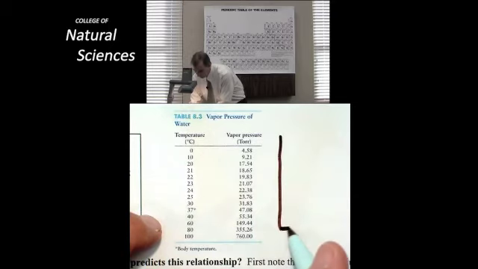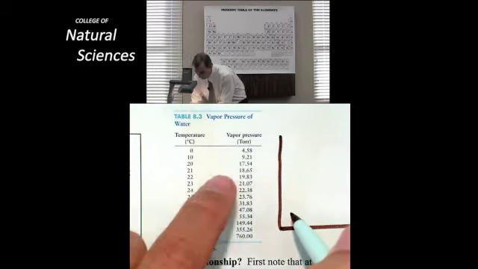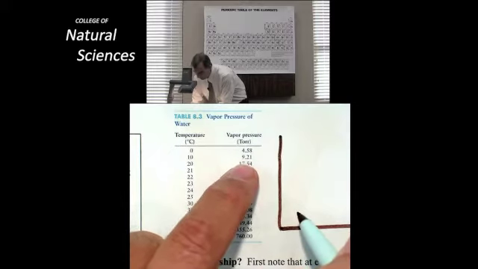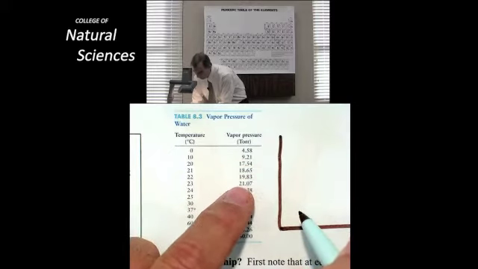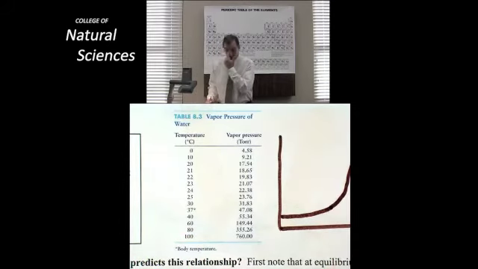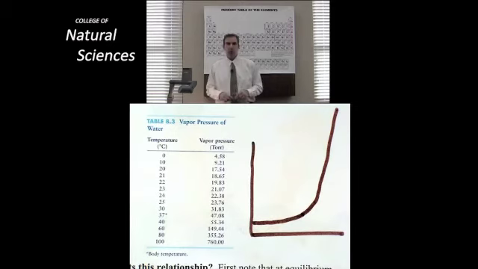It seems to suggest that early on my vapor pressure isn't changing a lot, from 4 to 9 to 18, 19, 20. It's staying fairly flat there as the temperature's going up. But then notice, once I get up to 40, 60, 80, 100 degrees, it increases exponentially. Wow. It's as if the vapor pressure increase is an exponential phenomenon.